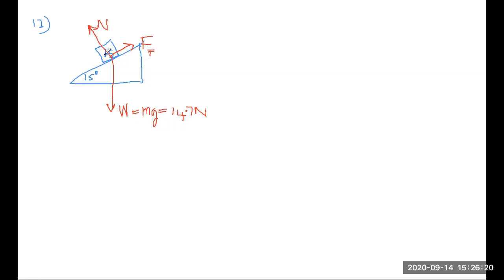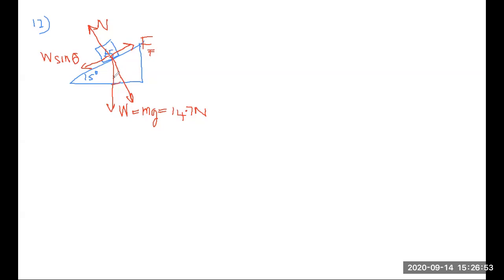Now, to solve for the value of these two forces, what I'm going to first have to recognize is that the weight, that force of gravity, we're going to want to resolve it into two components. One that acts parallel and one that acts perpendicular to the incline. This one that is parallel is the weight, 14.7 newtons, times the sine of the angle of the incline.